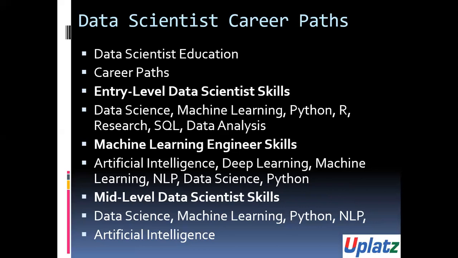Then up next, what are the mid-level data scientist skills? So for the mid-level data scientist role, you need to have skills in data science, machine learning, Python, NLP, artificial intelligence, deep learning, SQL, statistics, communication skills, and mentorship. So now you are not only a developer, you can also be a team lead, okay, and a very important member in your company.